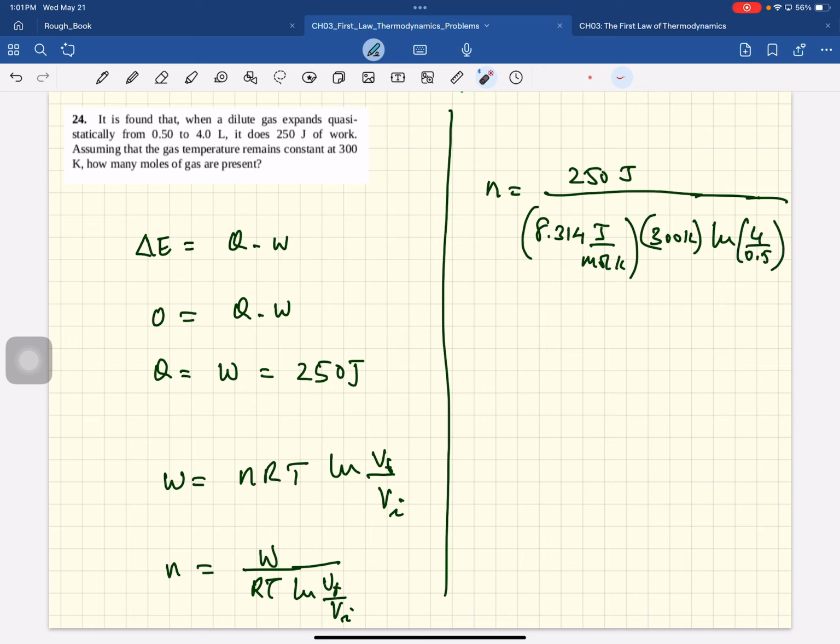And the joules will cancel, the Kelvin will cancel, and you'll get moles on top.